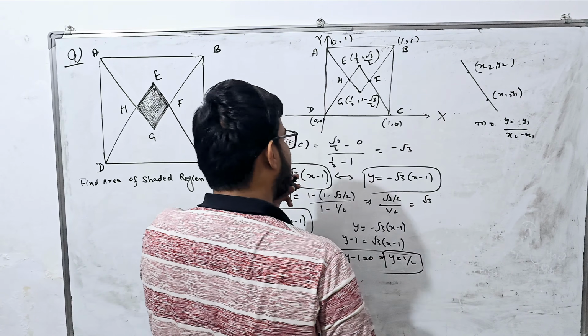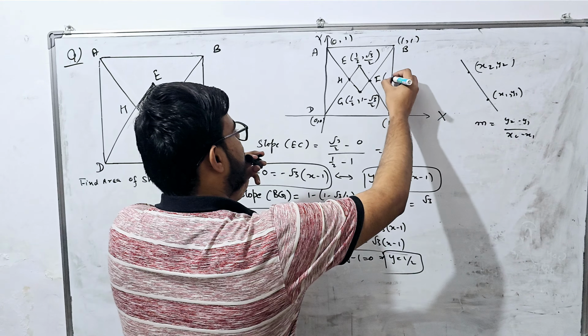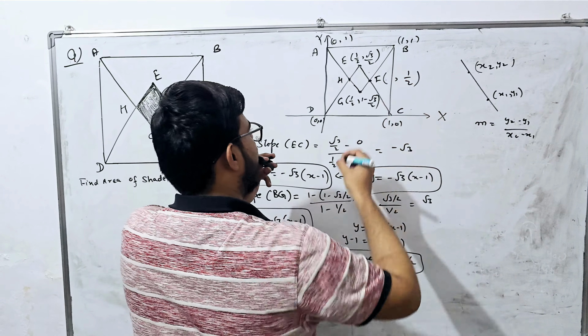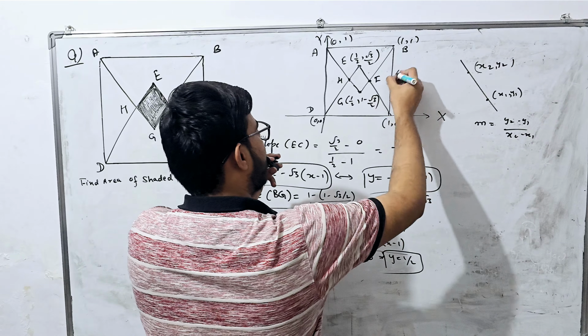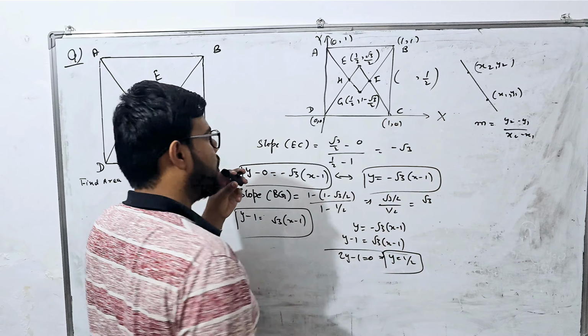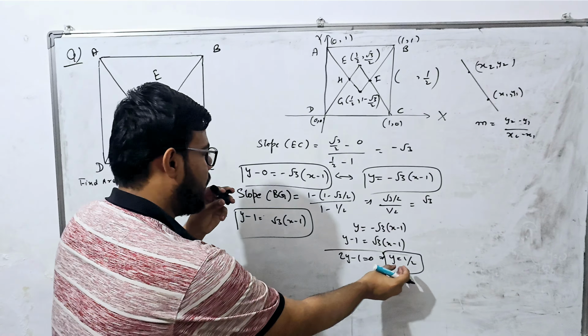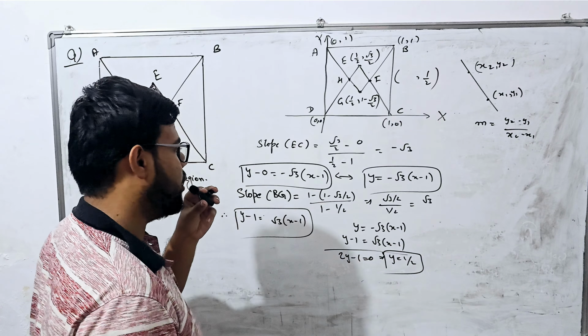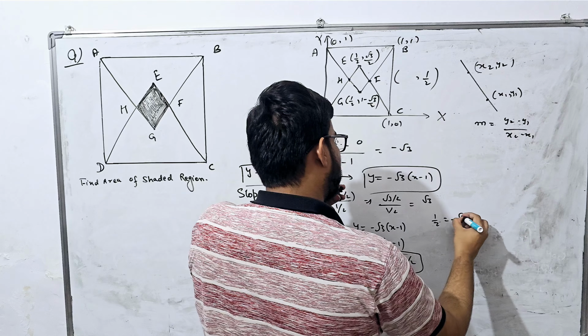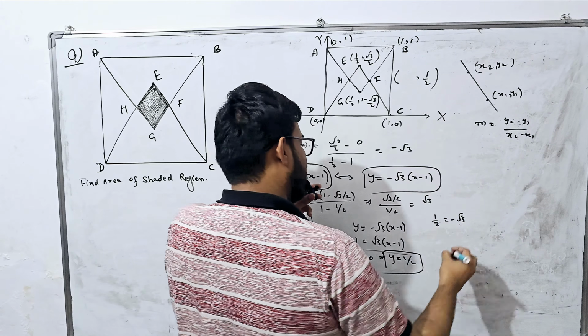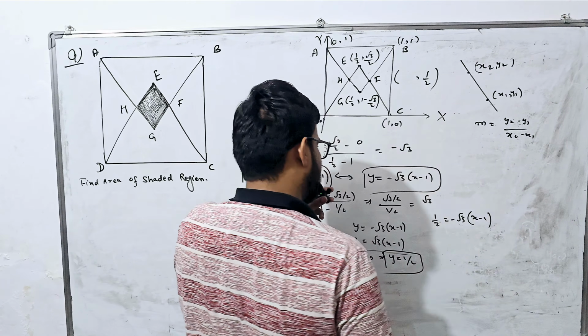Okay. So notice that F has y coordinate 1 by 2, right? Now what is the value of the x coordinate in this? So let's solve for that. Let's substitute y back into any of these equations. Let's substitute it over here. So we get 1 by 2 is equal to negative root 3 of the quantity x minus 1.